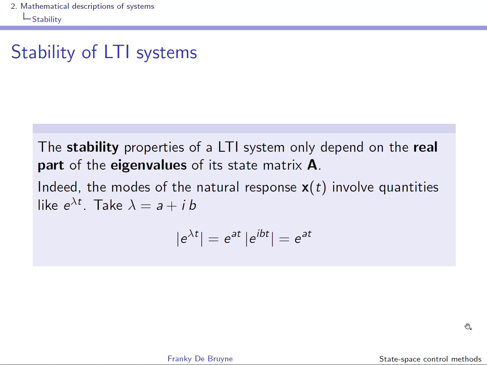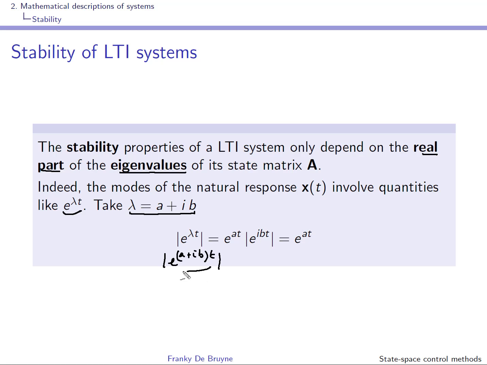We have seen this in previous courses, but the stability, of course, depends only on the real part of the eigenvalues. And as stated before, the eigenvalues here are really the poles of the system. We can see this because if you have a mode with lambda a complex quantity, you can write the magnitude of e to the lambda t, so that's e to the (a+ib) times t, of which you take the magnitude.